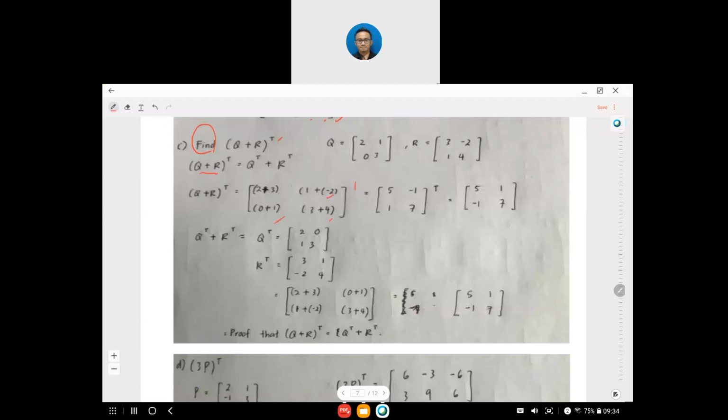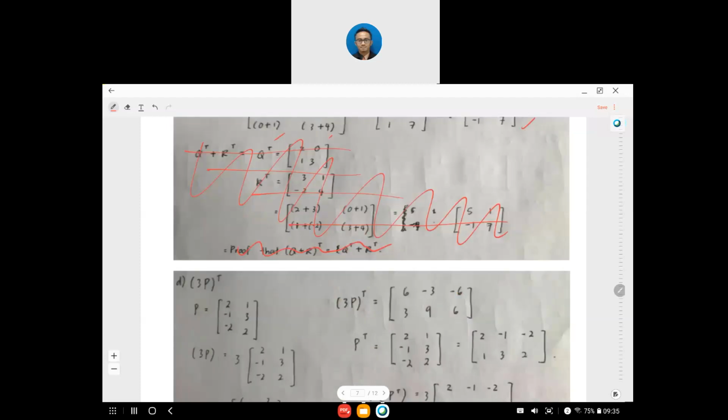This one supposedly put transpose sebab dia nak transpose. Okay. And then 5, negative 1, 1, 7 transpose. So your final answer is 5. This one transpose. Yang ni tak payah dah. Okay. Sebab dia bukan suruh proof. Dia suruh find. Dia tak suruh proof. Dia suruh find je. Okay. Baca soalan betul-betul. Ni tak payah. Because the question only finds Q plus R transpose.